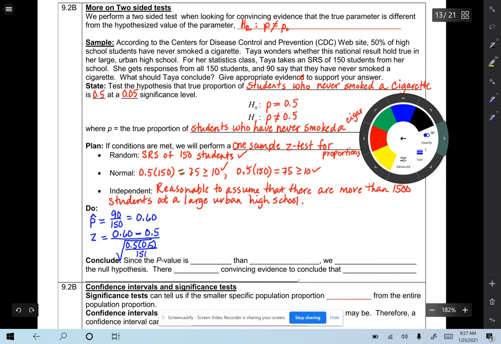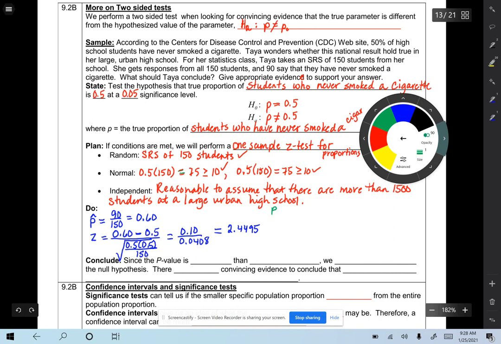In the numerator, we have 0.10. In the denominator, once you take the square root, you get 0.0408. And that gives us a z-score of 2.4495. Okay, now that we have a z-score, we can find the probability.